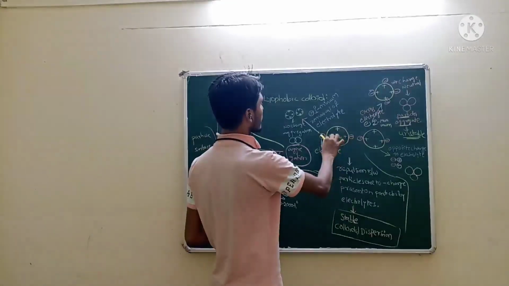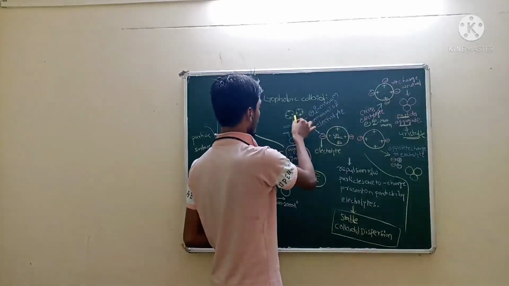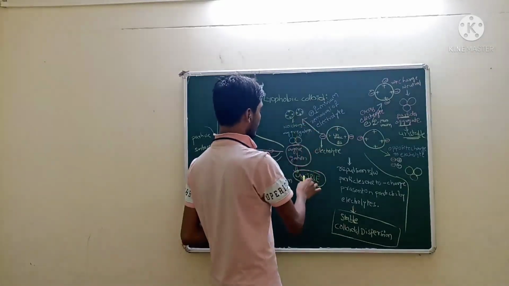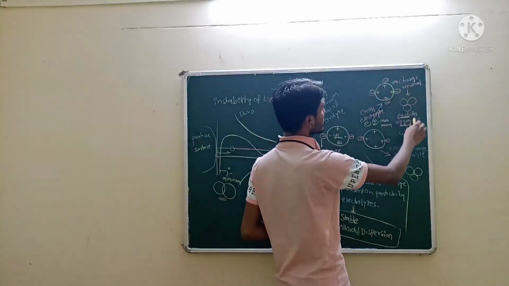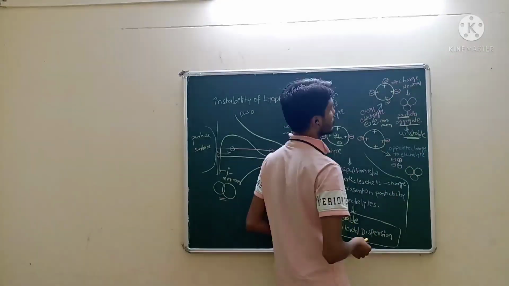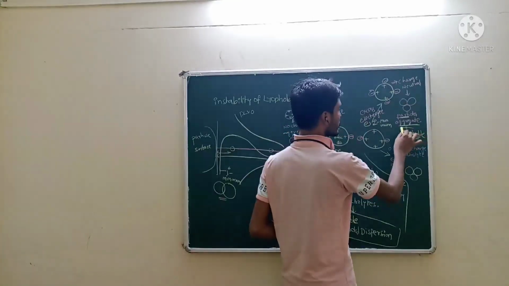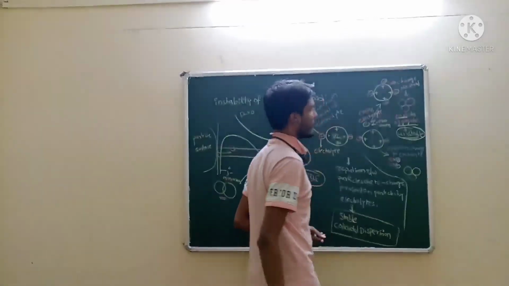Removal of electrolyte leads to aggregation of the particles, and adding excess electrolyte also leads to particle aggregation, and the system is unstabilized.